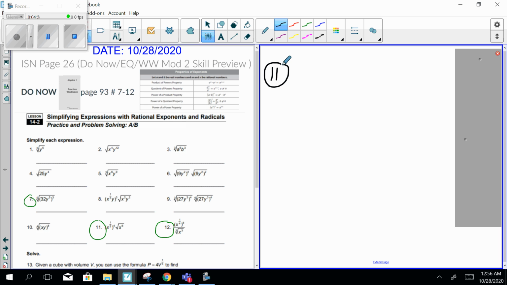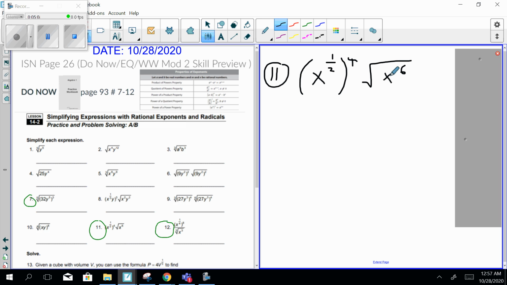this question is a little bit different because you have part of it that is already in rational exponent form, and part of it is in radical form. Okay, so we have the group x to the 1/2 power raised to the 4th power times the square root of x to the 6th power.